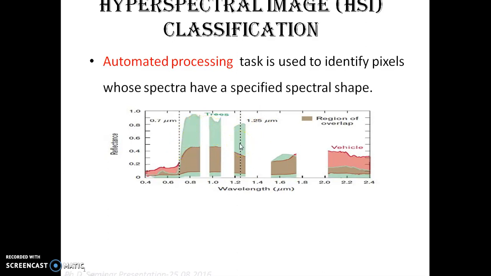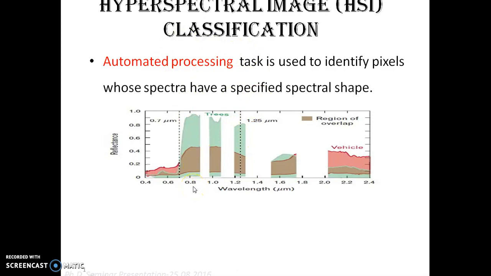So both the trees as well as the vehicles give you the same radiance value here. These are the overlapping portions where trees and vehicles give you the same information. But if you go for identification with respect to the spectra, it gives you the variations very clearly.